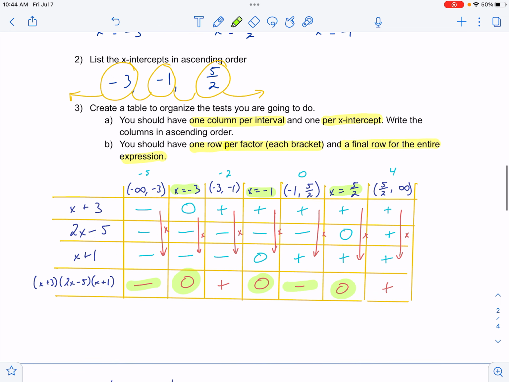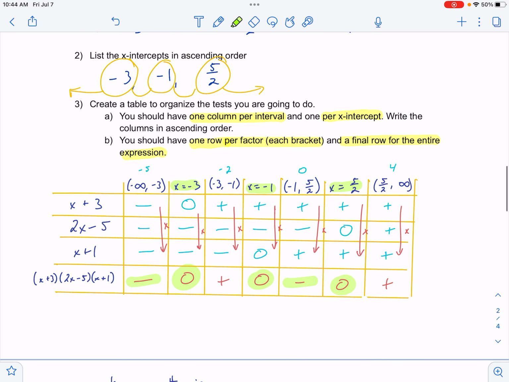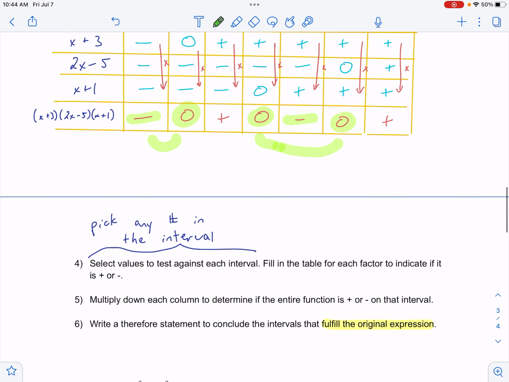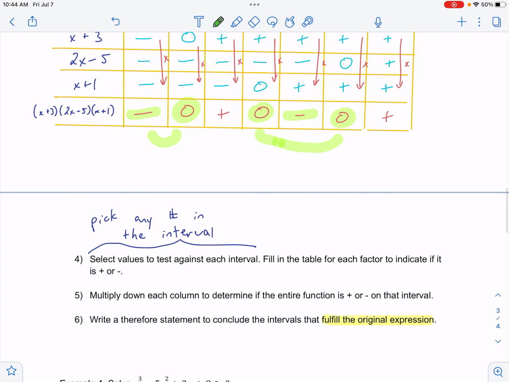So, we can use this information to write our final answer. Our function is negative between these two and between these three. What does that look like written out? Therefore, x plus 3 times 2x minus 5 times x plus 1 is greater than or equal to 0 on the intervals.